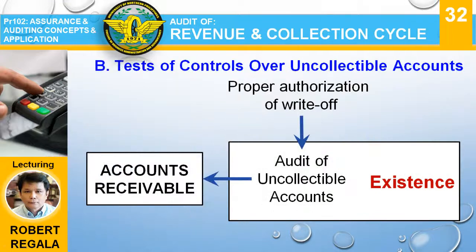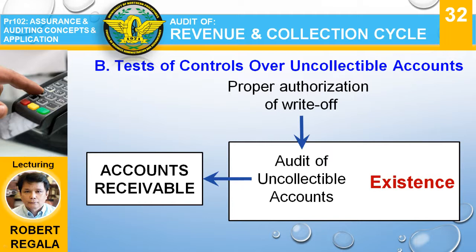Slide 32. Step B, tests of controls over uncollectible accounts. Existence of recorded write-offs is the most important transaction-related audit objective that the auditor should keep in mind in the verification of the write-off of individual uncollectible accounts.